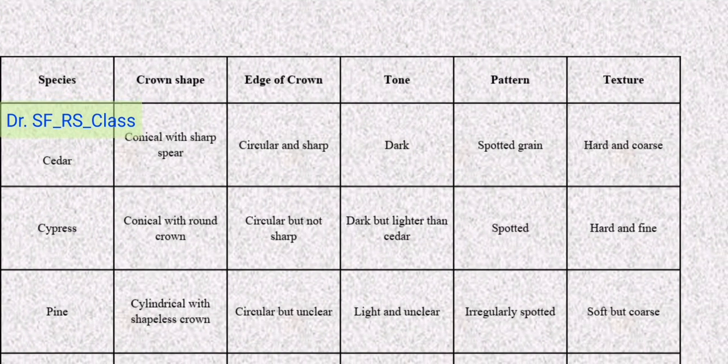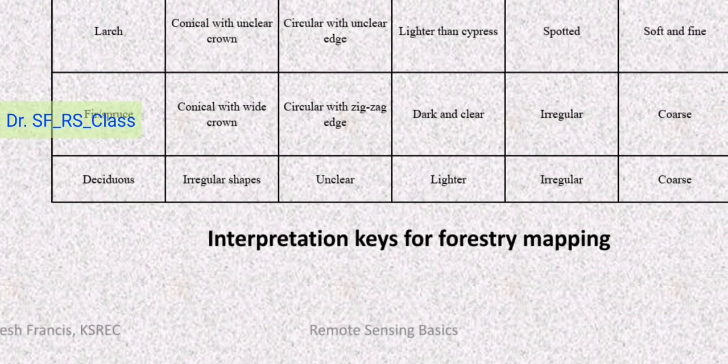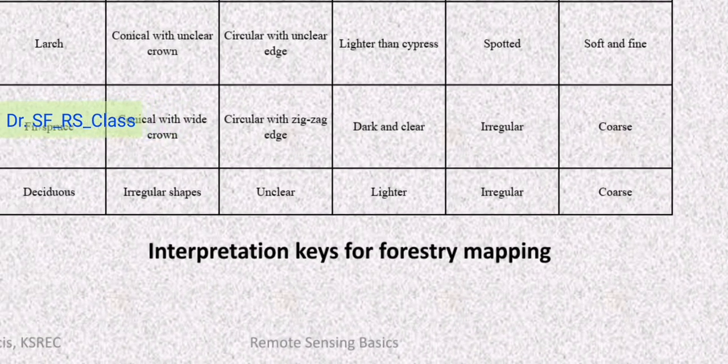Second column, the crown shape, edge of the crown, tone, pattern, texture. These are the top headings, and you can see the deciduous trees will have irregular shapes, unclear borders, and you will have lighter shade, irregular pattern, and coarse texture.